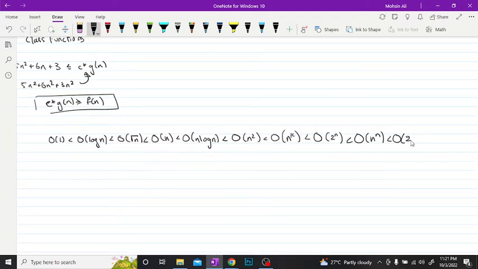So these are some class functions that we have decided the time complexity of big O is going to be represented in this order, and we are going to find out why this is the case.